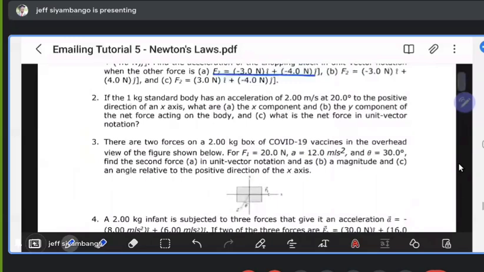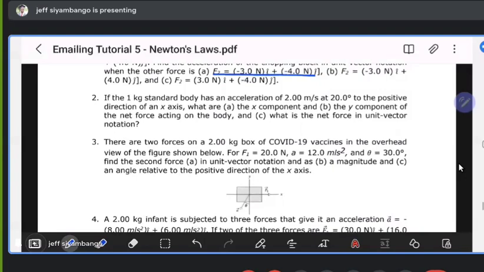If a 1 kg standard body has an acceleration of 2 meters per second squared at 20 degrees to the positive direction of an x-axis, what are A, the x component, B, the y component of the net force acting on the body, and C, what is the net force in unit notation?